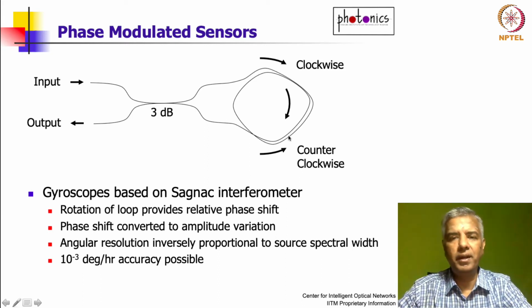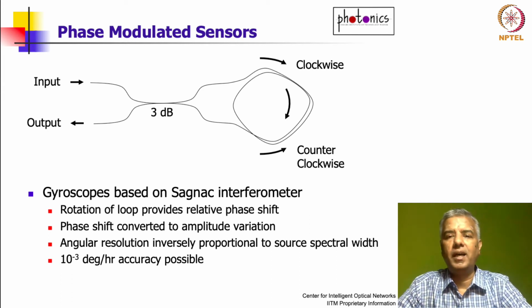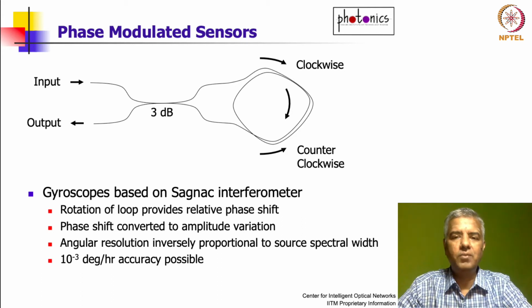So this is actually a very nice way of picking up rotation, and this is typically not very sensitive to anything else, because for any other normal change in the strain or temperature of this fiber, both the waves are experiencing that, so they will cancel.